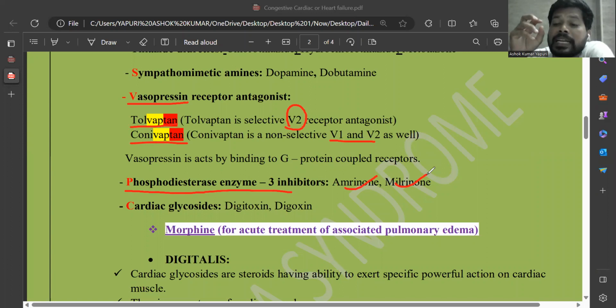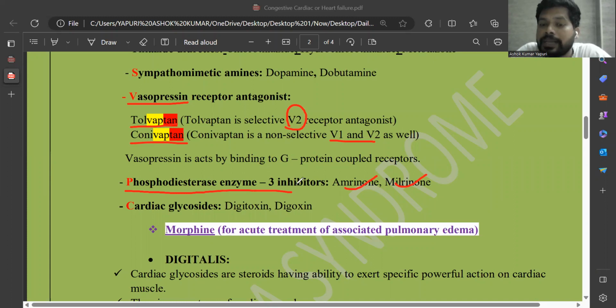The increased cyclic AMP causes cardiac muscular contraction. If the heart contracts, the fluid inside the heart comes out. And the same cyclic AMP on the blood vessels causes vasodilation.